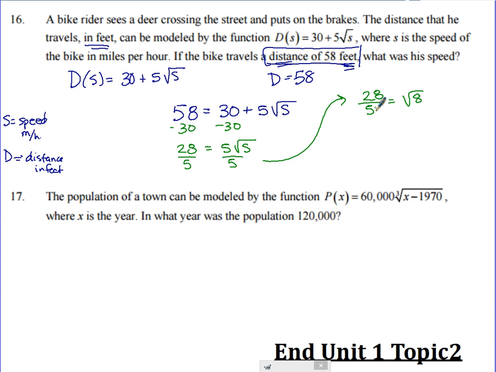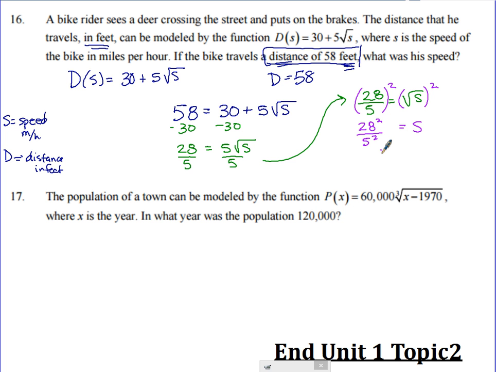Sorry about that. This does not divide evenly, so I'm just going to leave it as a fraction. The last step is to square both sides to undo the square root. So the speed is going to equal 28 squared over 5 squared.